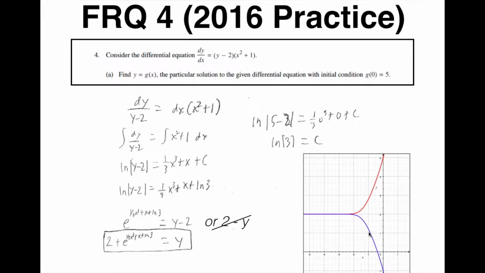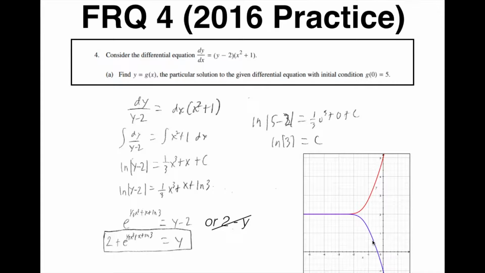And that's not a function. We always want to find a function, so when I have one x input, there will only be one y output, not 2.